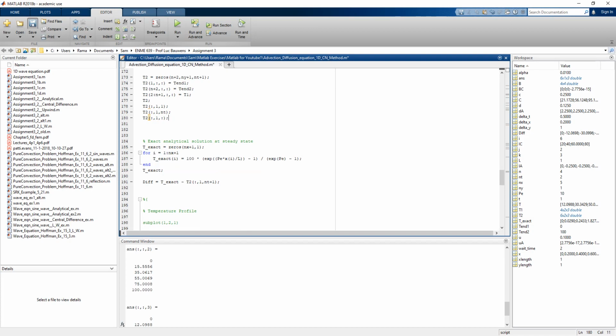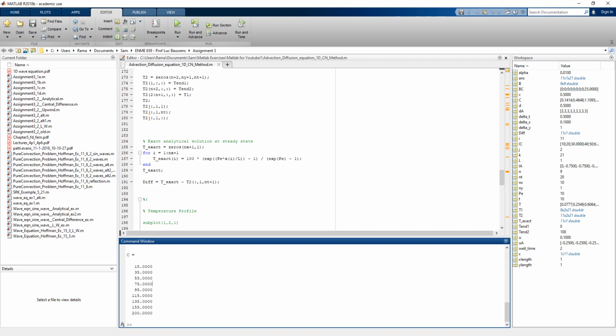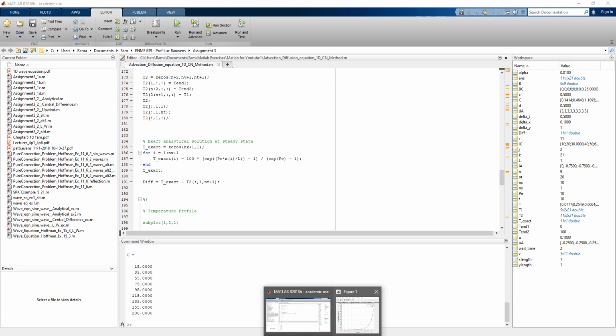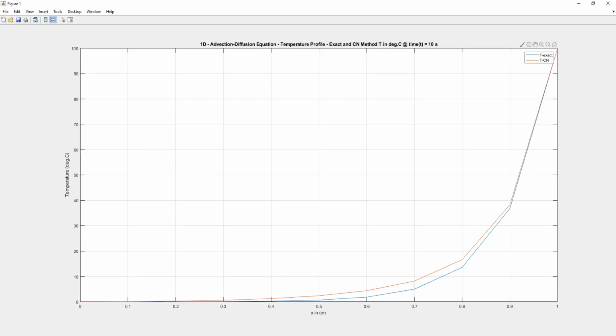And we'll run this program, and we'll compare that to the exact solution that can be obtained analytically as given in an equation in our presentation.